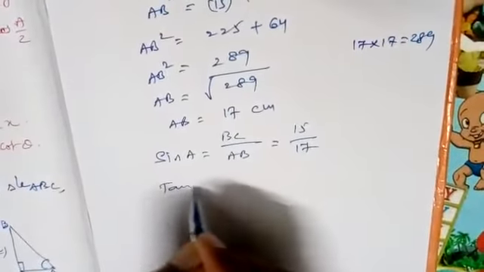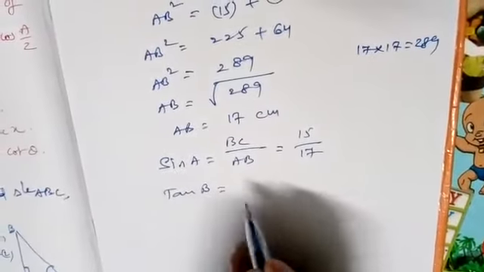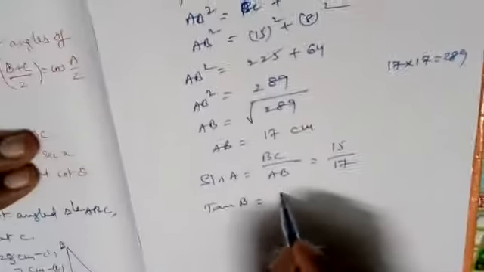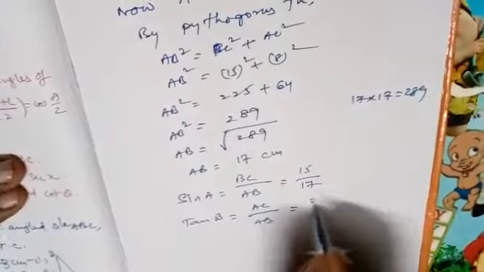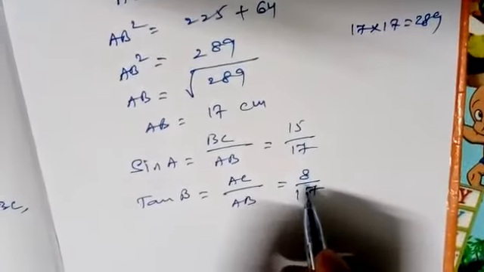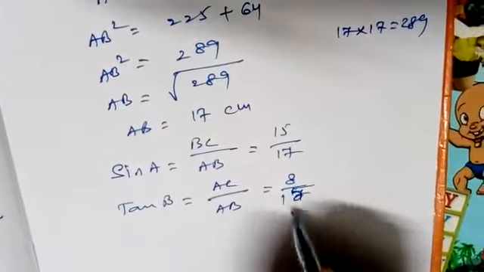But tan B means opposite by adjacent, that is AC by BC, so 8 by 15.